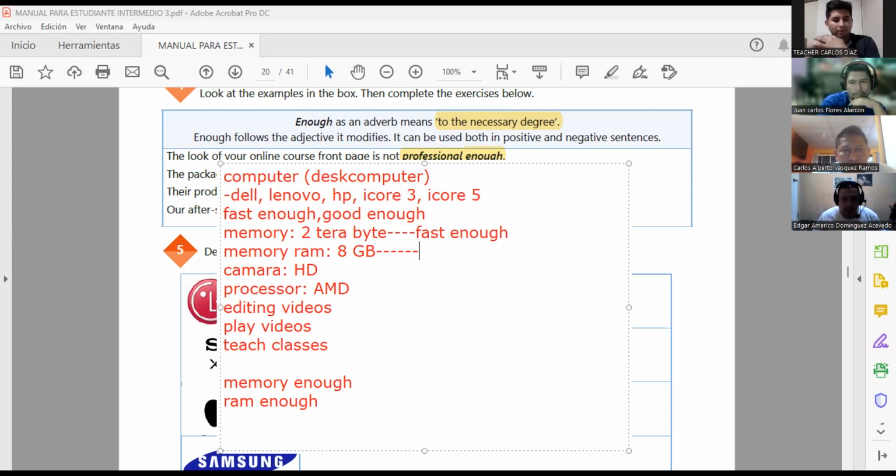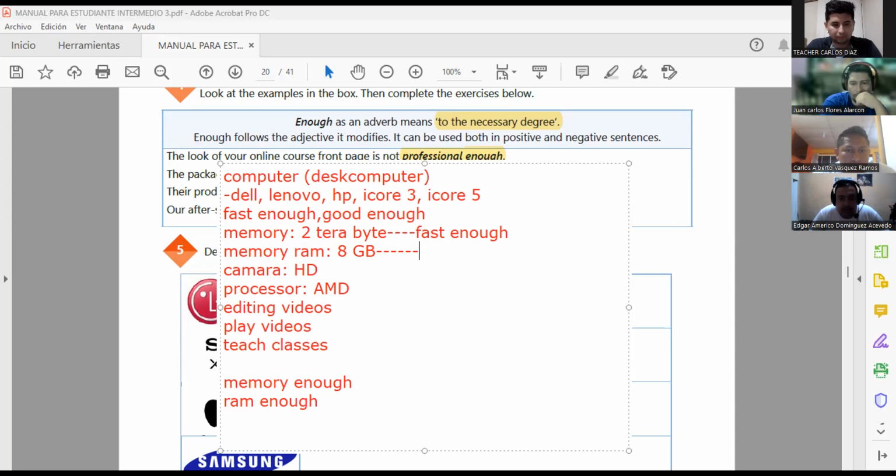Okay, and what about the memory RAM? Do you think maybe 12 gigabytes? Okay. But do you think 8 gigabytes, for example? Teacher, excuse me. In my case, when I studied in the university, my laptop used memory RAM 8 gigabytes.